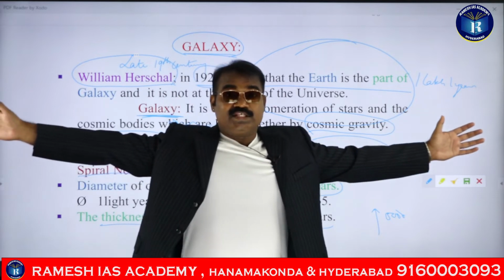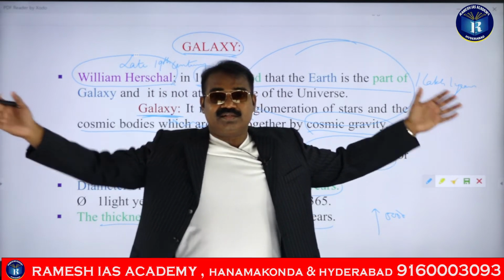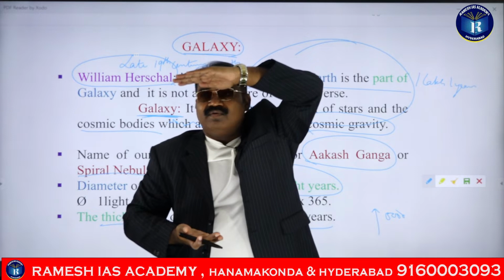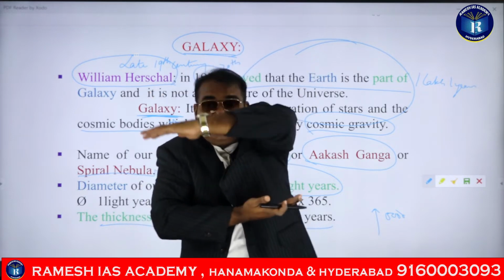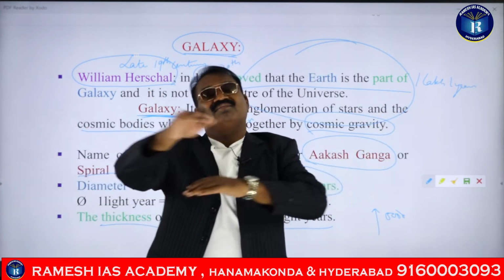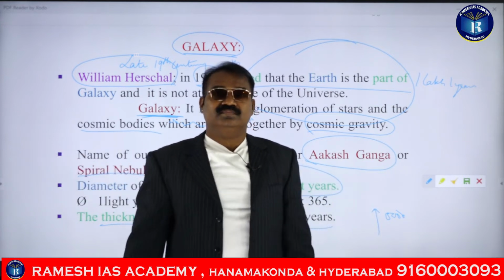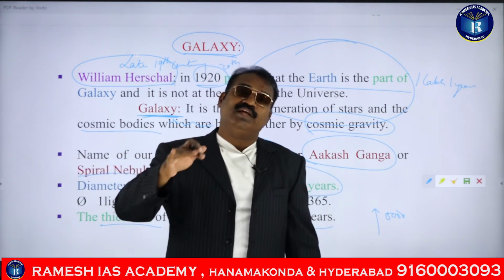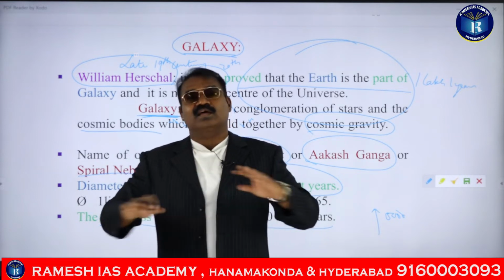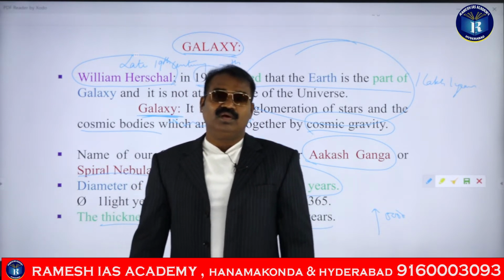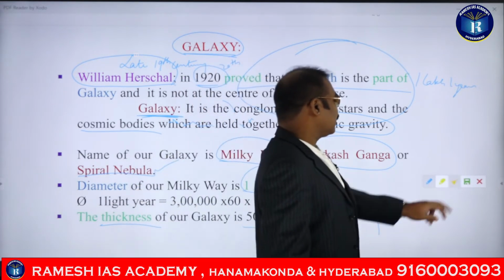The diameter is 1 lakh light years and the thickness is 5,000 light years. And again it is a flat structure, guys. The universe is flat. Within that, all the galaxies which are present are also flat. This is related to our galaxy.